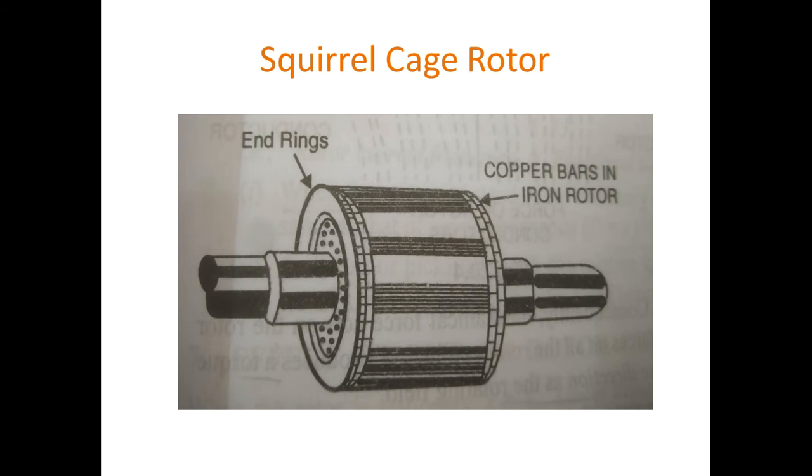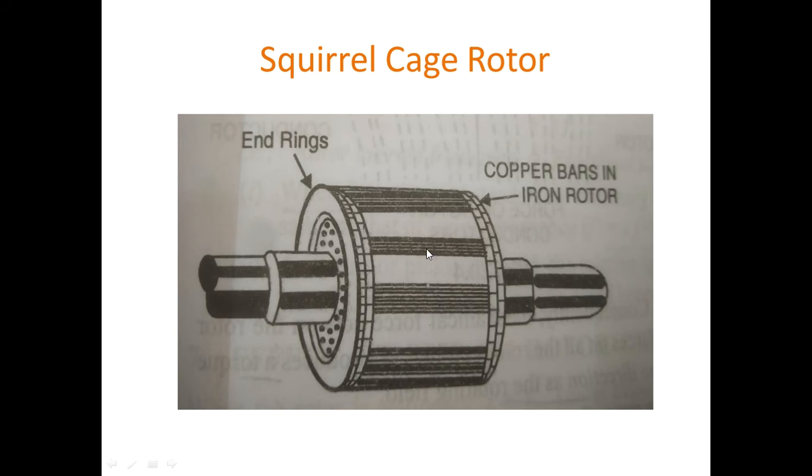One is the squirrel cage rotor and the other is the wound rotor, which is also called the slip ring type rotor. This is the view of the squirrel cage rotor. It consists of a cylindrical laminated core. The outer periphery is provided with parallel slots.